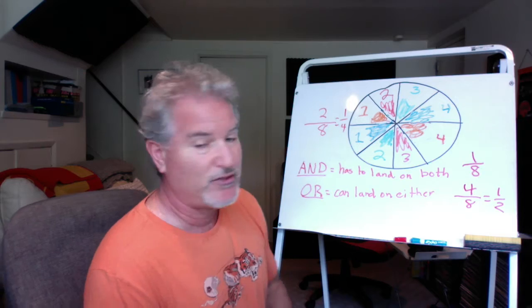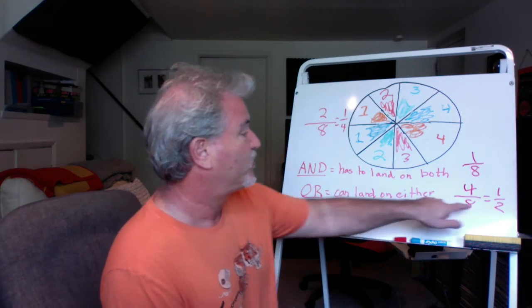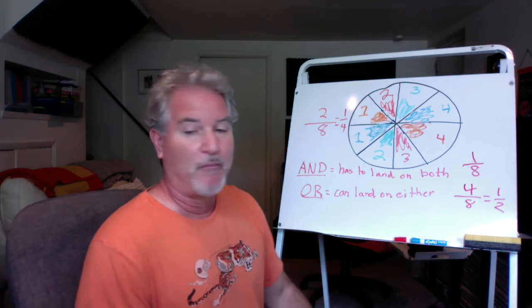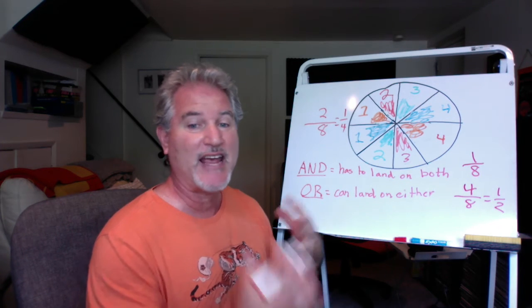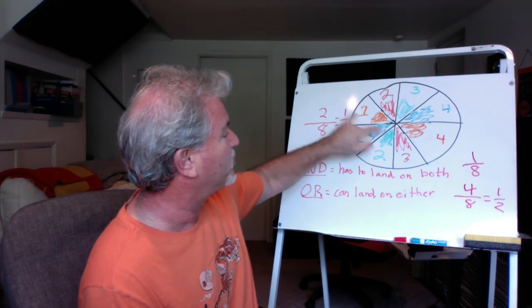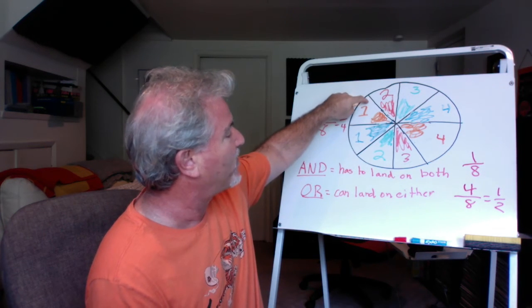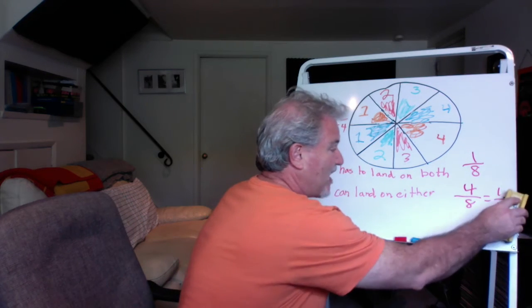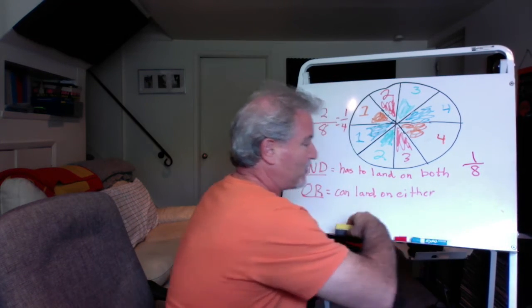Now, here's the catch. With "or," there are 4 possibilities, but one of them is already taken. In other words, it could land on 2 ones or 2 oranges, but one of them is the same space. So this is not actually the right answer.